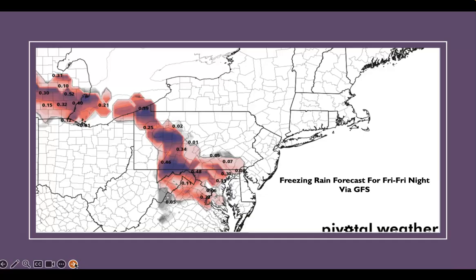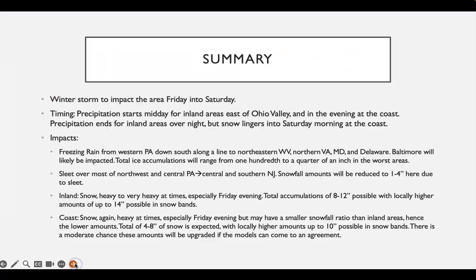And there's going to be freezing rain in central Pennsylvania, going down into Virginia, Maryland, and the like. I would say there's a chance for about a tenth to a quarter of an inch, with isolated amounts up to half an inch. We'll keep an eye on that.